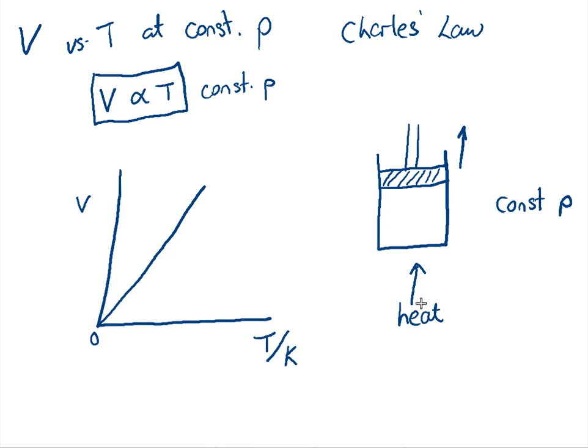The heat increases the energy of the collisions, and it increases their frequency. So we have to increase the volume to bring down the number of collisions, which is obviously going to decrease as the volume increases.